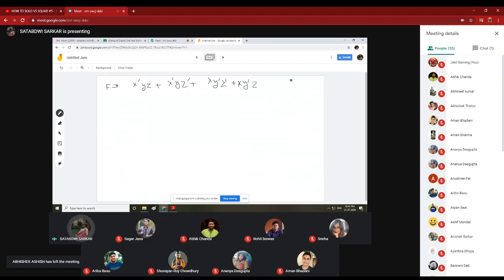So we have to design the truth table like this: x, y, z, and here the function. So for 3 variables, 2 to the power 3, that is 8 combinations will be there. So we have to write the combinations first.